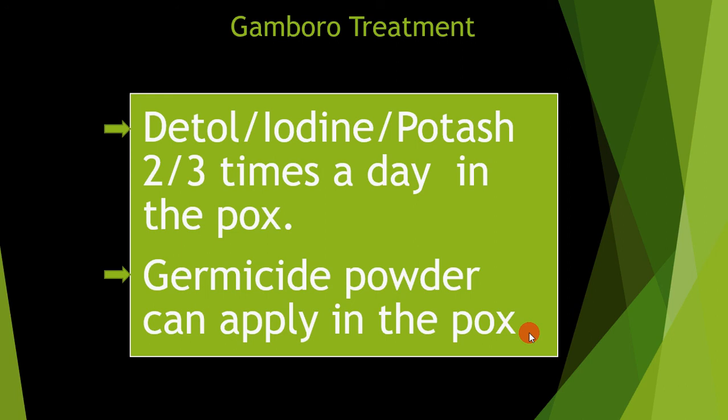You can clean with Dettol, iodine, Savlon or potash water 2 to 3 times a day. And even germicide powder, like Nebalon powder, or sometimes a normal powder, you can use to clean the pox.